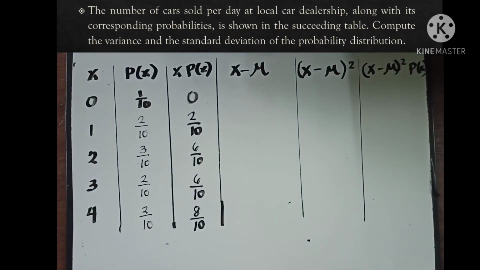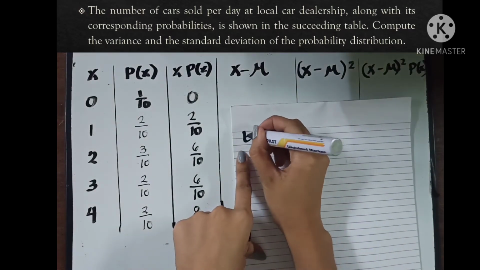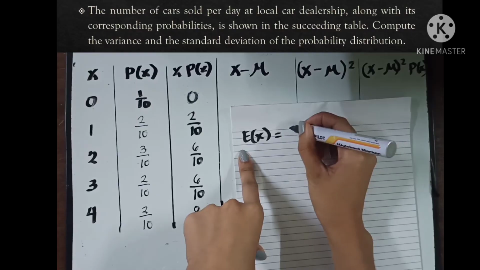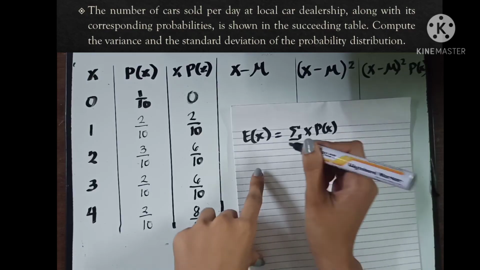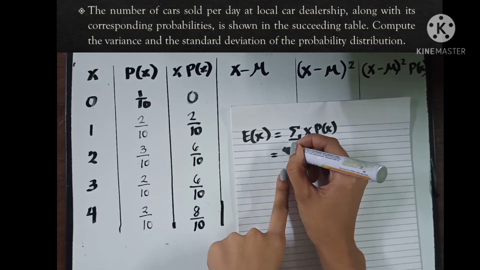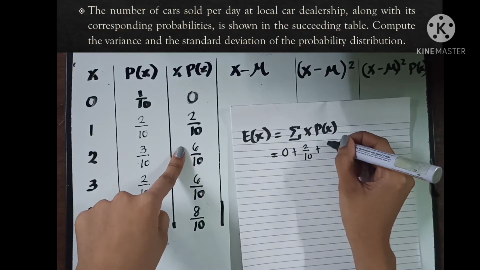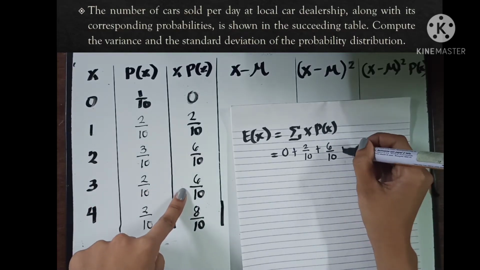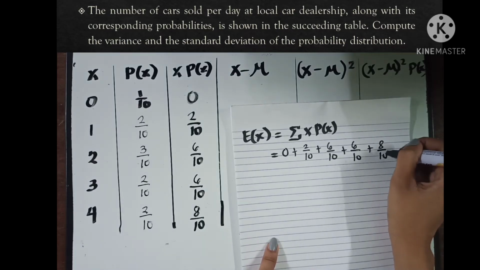So, yun muna yung isosolve natin. Again, to solve for E of x, just simply add. So again, E of x is equal to the summation of x, P of x. So, that is equal to, add lang natin lahat ng to. So, 0 plus 2 over 10 plus 6 over 10 plus 6 over 10 then plus 8 over 10.